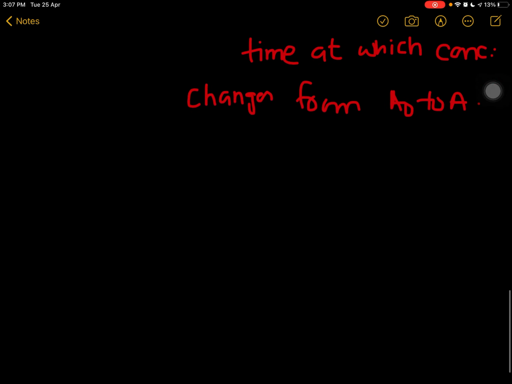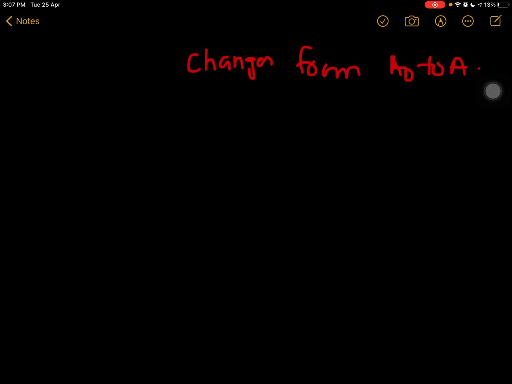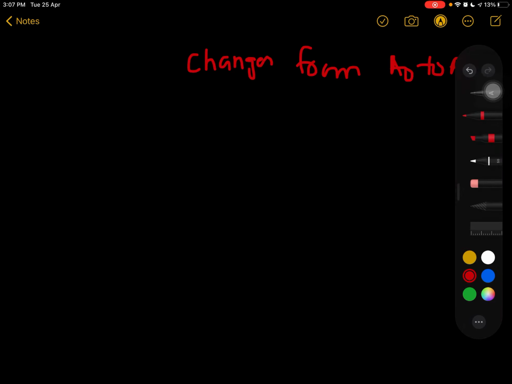So now let's talk about the graph of the zero order reaction, right? Let's talk about the graph of concentration in terms of time, right? This is your graph.